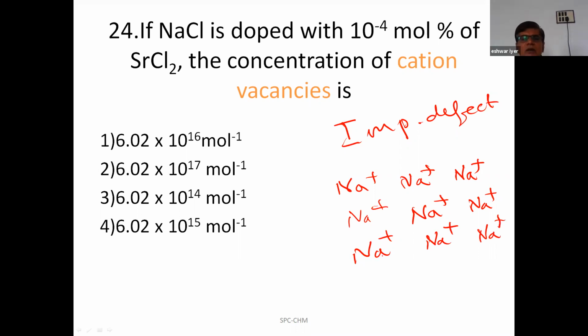Suppose this pure crystal of sodium chloride is made impure by adding strontium chloride.